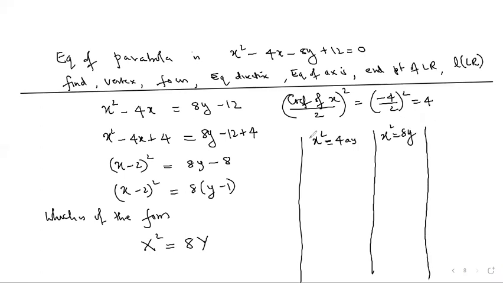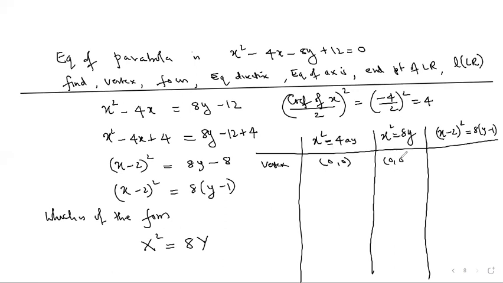Third column, this equation, x minus 2 the whole square is 8 into y minus 1. So vertex of this parabola is 0, 0. Vertex of this also 0, 0. Vertex of this will be 2, 1. Can you do it yourself now?